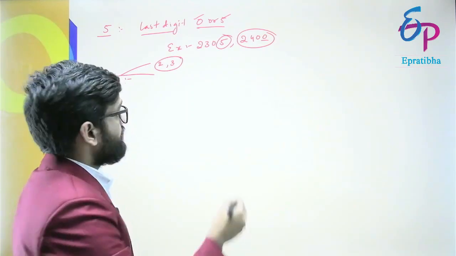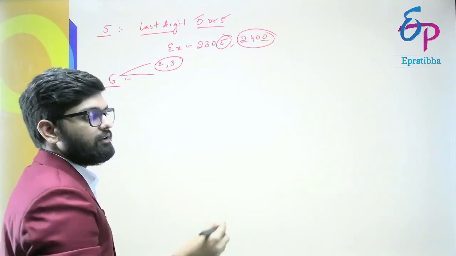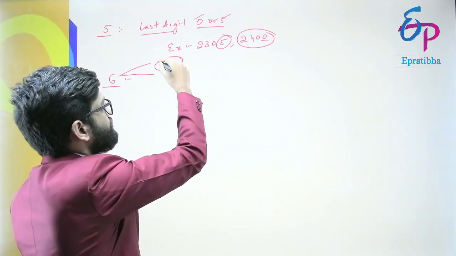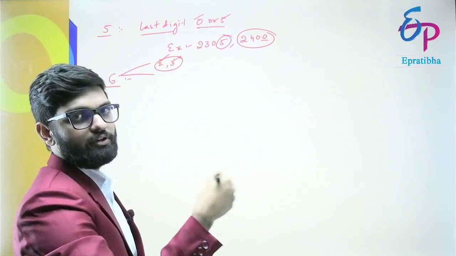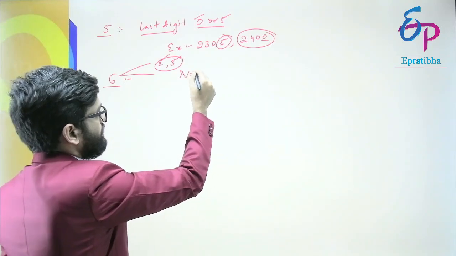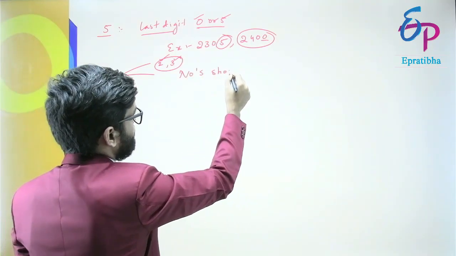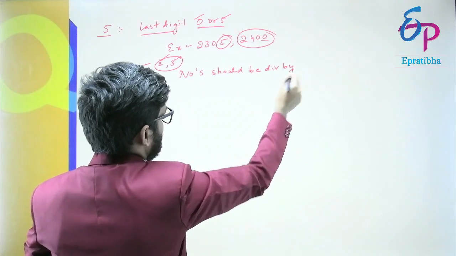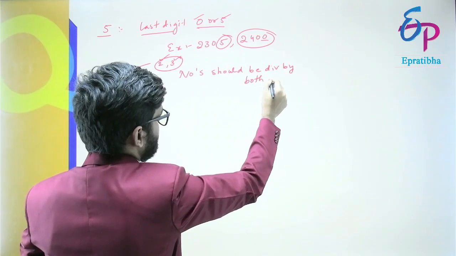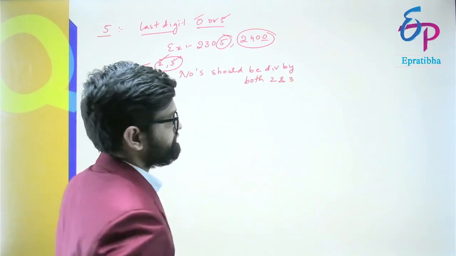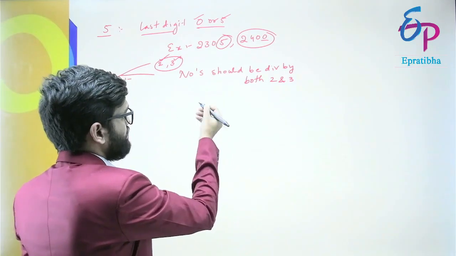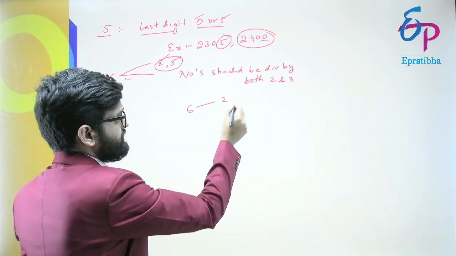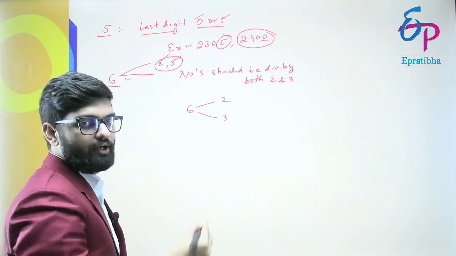If you are telling that a particular number is divisible by 6, then that particular number should be divisible by both 2 and 3. So if you want to check whether a number is divisible by 6 or not, you have to just check whether that number is divisible by 2 and 3 or not.